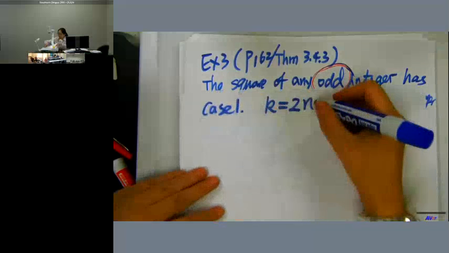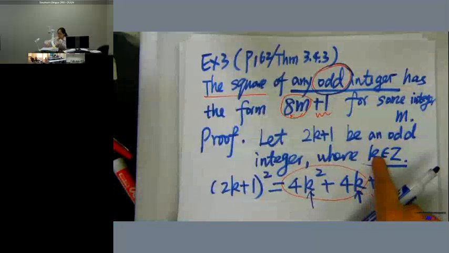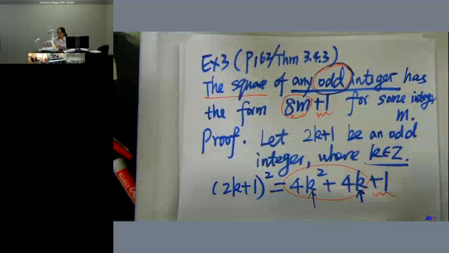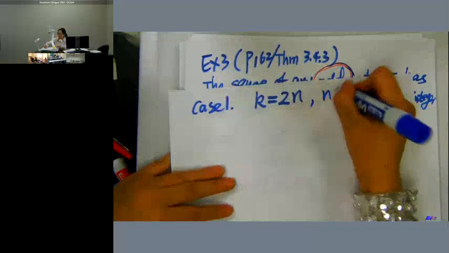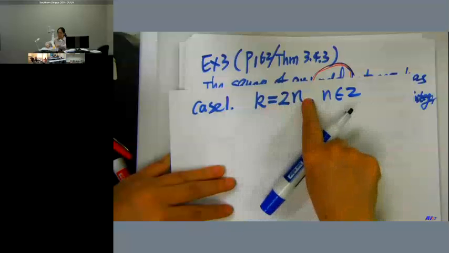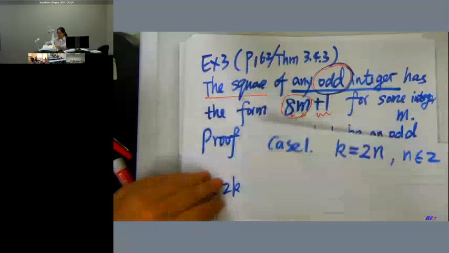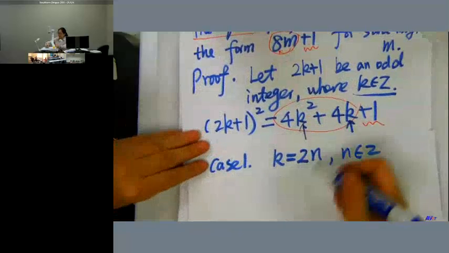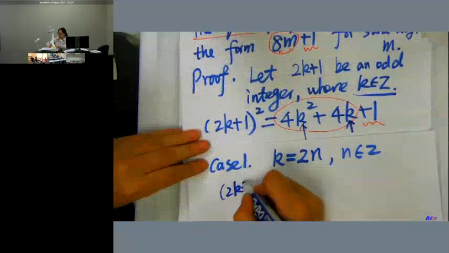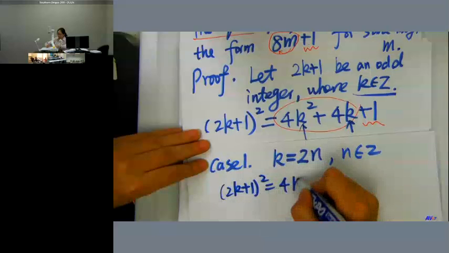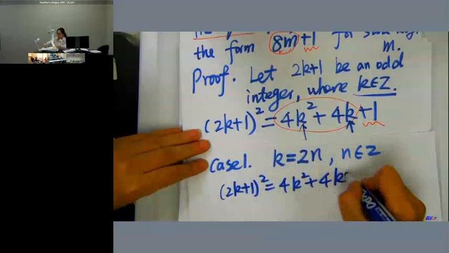Okay, so k. Now this k right here is an integer. So I'm going to do 2 cases. If k is an even integer, or k is an odd integer. So start with case 1. I'm going to continue from here. So 2k plus 1 squared equals 4k squared plus 4k plus 1.